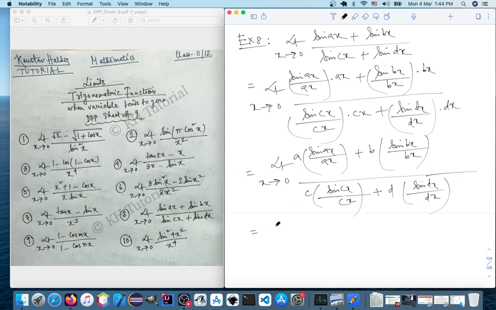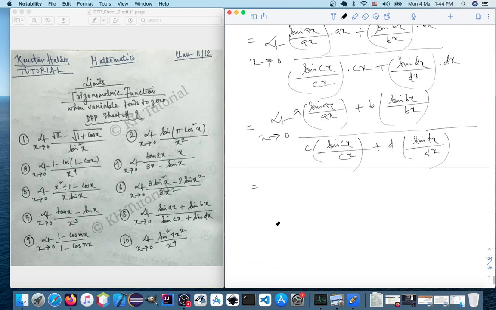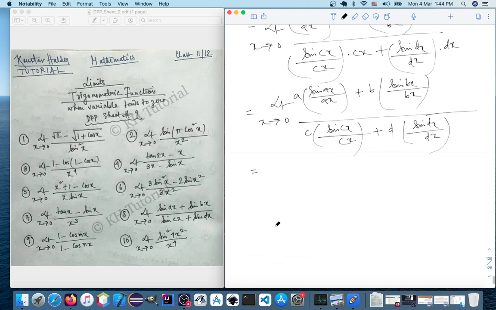Now we can apply for all the sin ax by ax and sin bx by bx terms the standard result as 1, because all ax, bx, cx, dx tend to 0 as x tends to 0. So we get the answer as a plus b divided by c plus d.